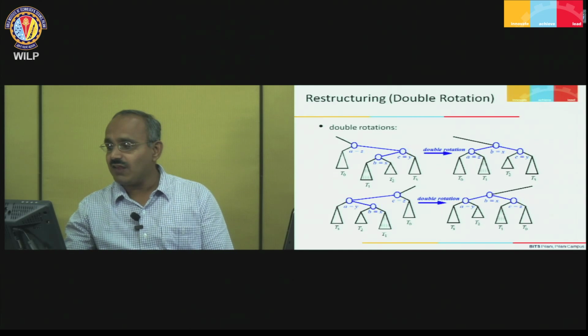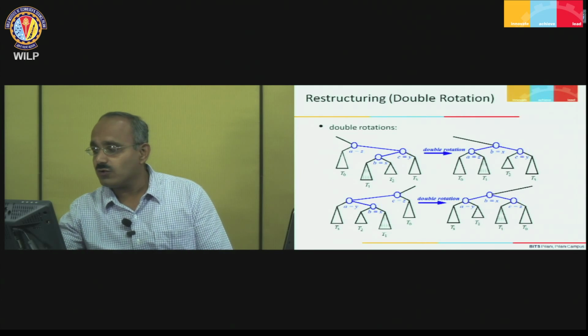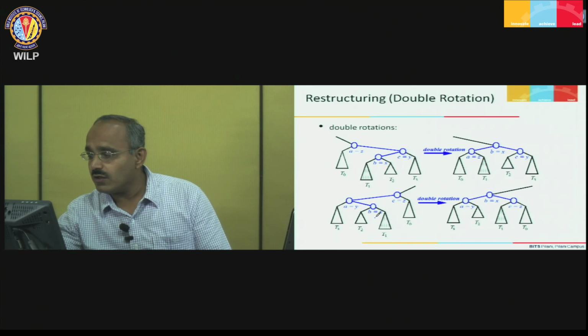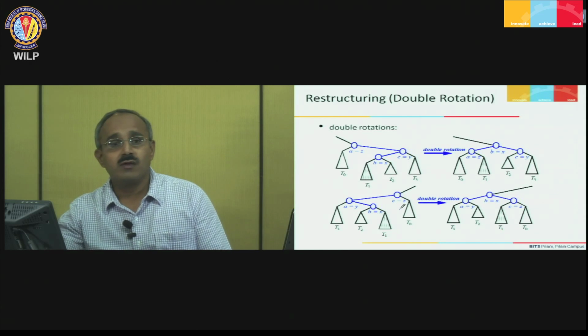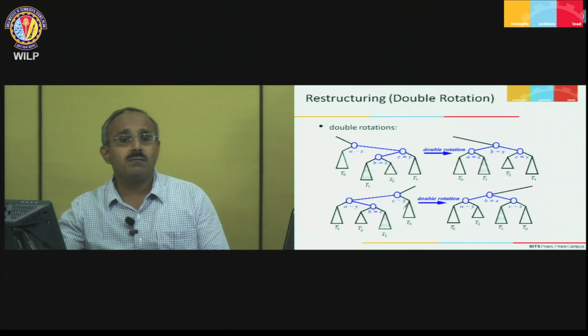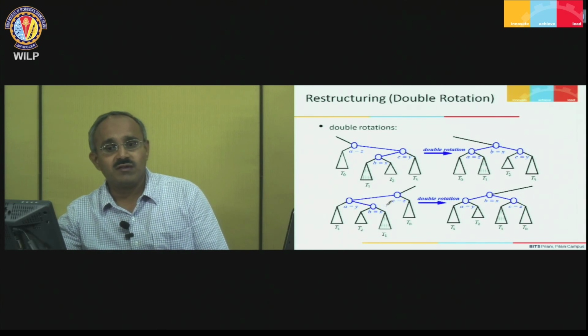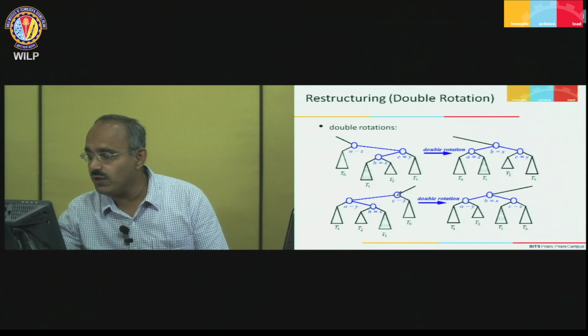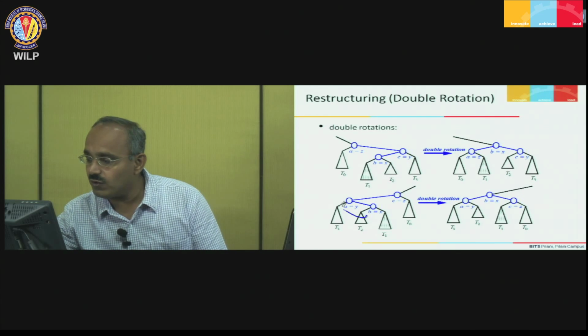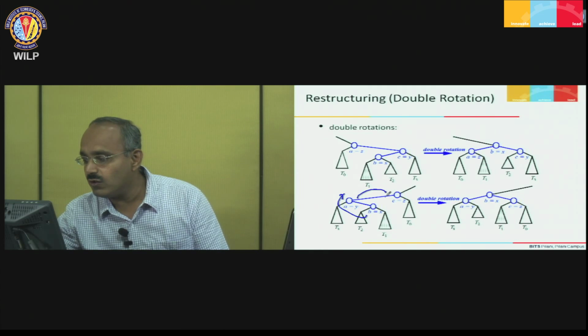And similarly the last case, so this node has to go here. Remember, wherever Z is, B has to move to the place where Z is. So B will go here. So B has to rotate once over this and then over this, right.